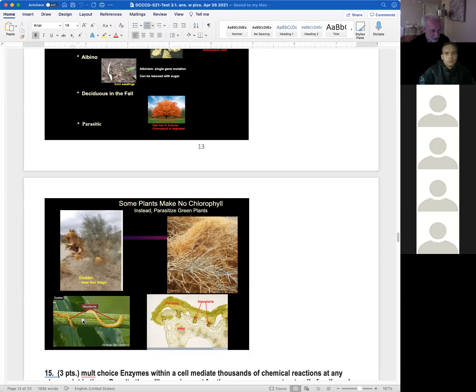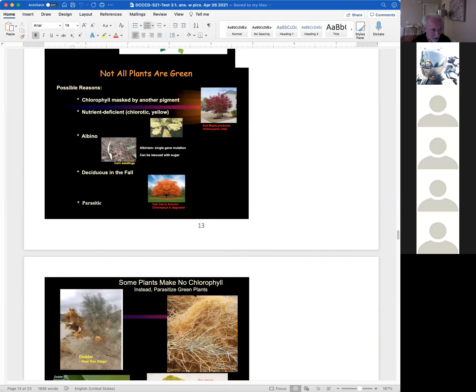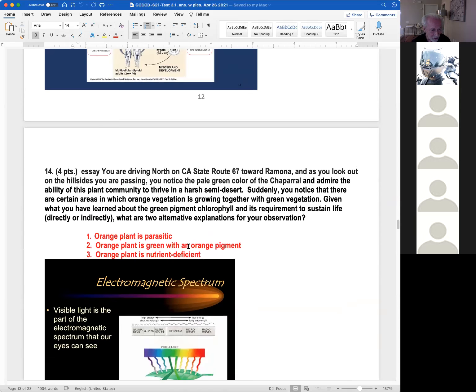It gets its nutrition from sucking juices from a green plant that can do photosynthesis. So that is the final possibility to explain why you're seeing an orange plant. It's possibly a parasitic plant. It could be a green plant with an orange pigment, or it could be an orange plant that's nutrient deficient.